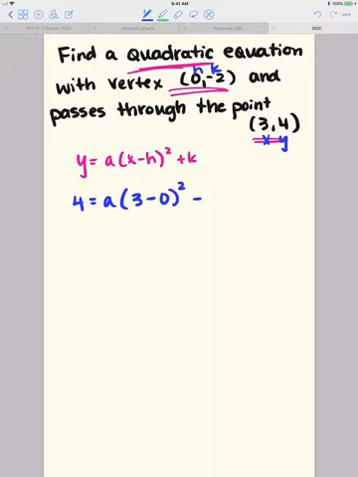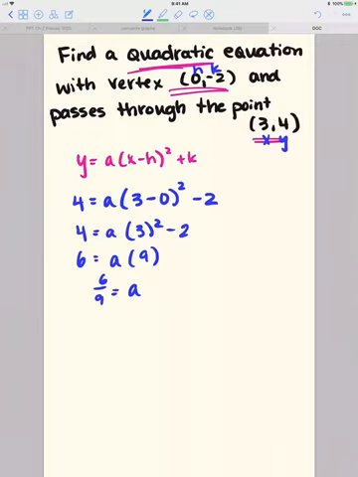I need to do a minus 2 for the k, and then I get 4 equals a times 3 squared minus 2. I'll add over the 2. Get a times 9. I'll divide by 9, which reduces to 2/3.